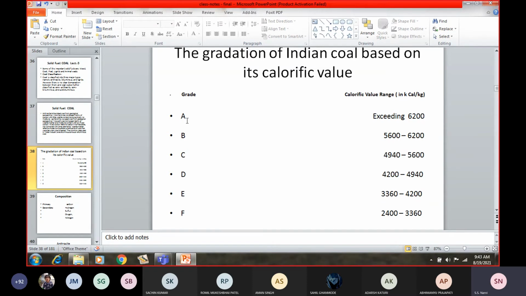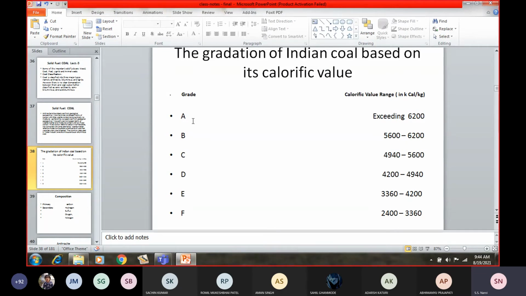So that is why this grading is done on the basis of certain parameters, including the chemical analysis. But the most important parameters are percentage of carbon, percentage of sulfur, isn't it? And the percentage of ash content. These are the three main parameters on which the grading of the coal is done.